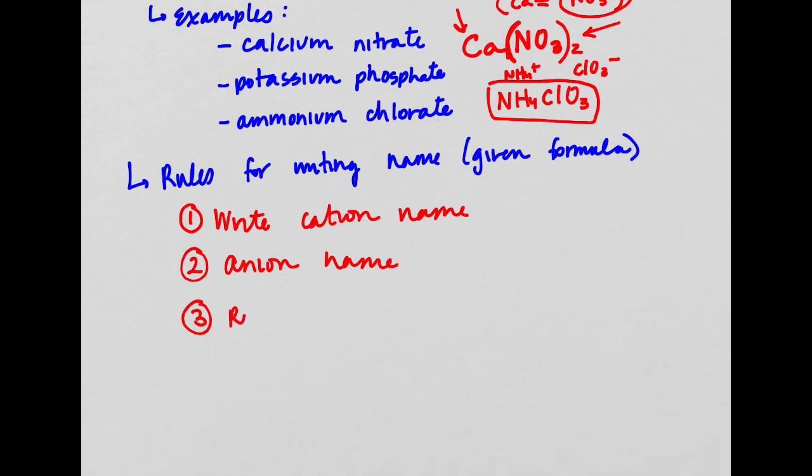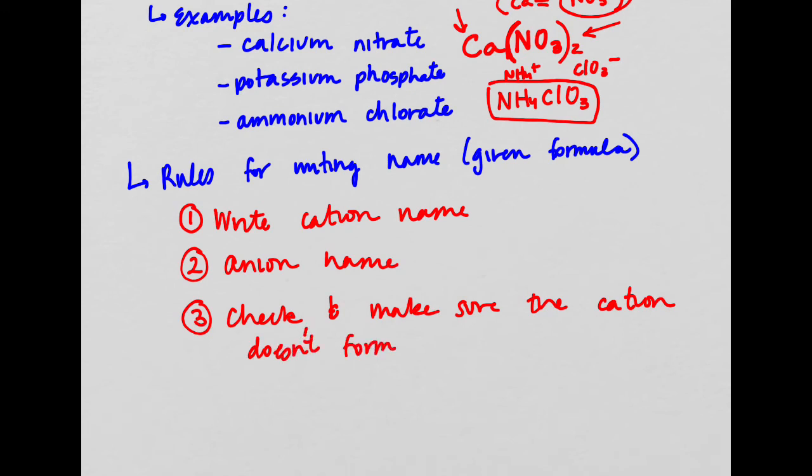So remember, check and make sure the cation doesn't form more than one type of ion. Make sure it's not one of those 8 that forms 2.